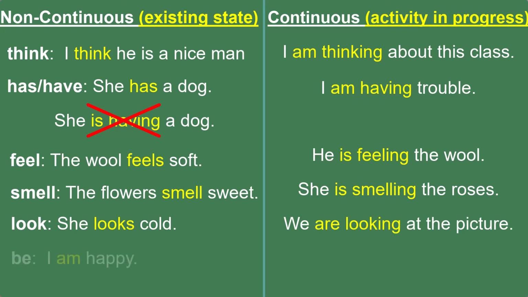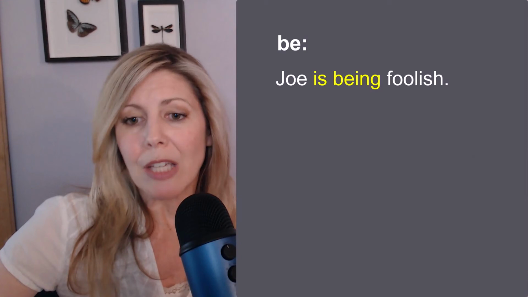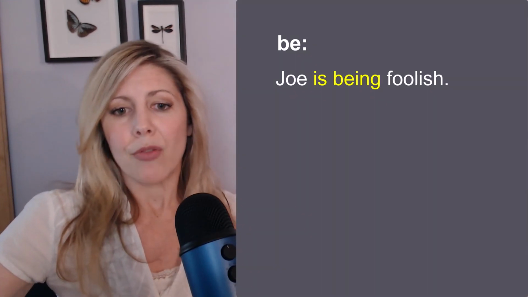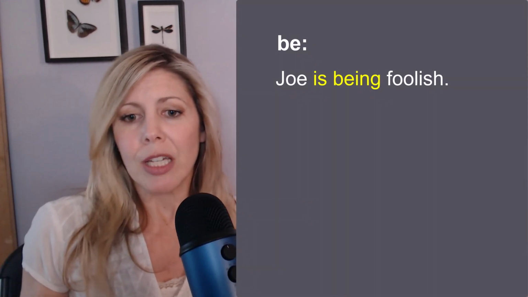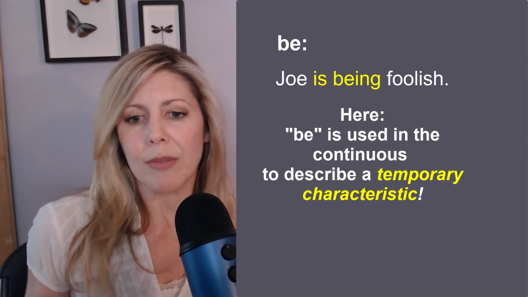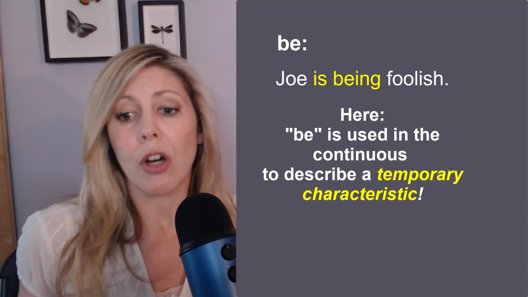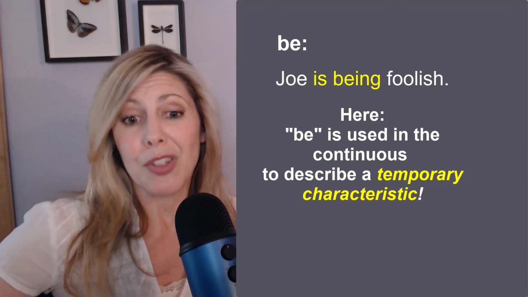Then we have be, the state of be. I am happy. Now, sometimes we can have a sentence like this. Joe is being foolish. Now, the verb be plus an adjective is used in the continuous to describe a temporary characteristic. We don't see this very often. Very few adjectives are used with be in the continuous.